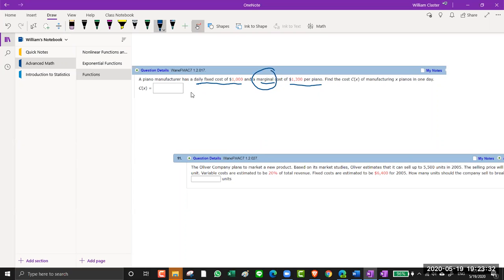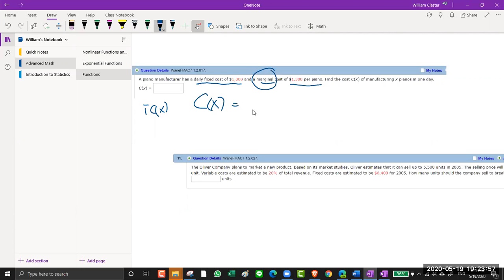Some books write it as total cost, but in our book they're using just cost. So this means the total cost per item, and X is the number of pianos.